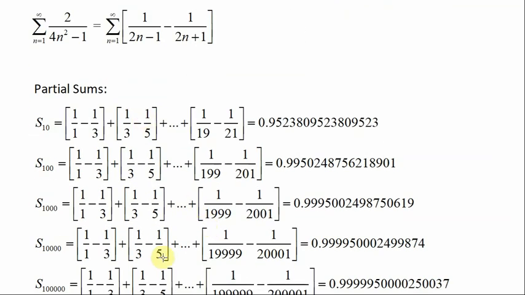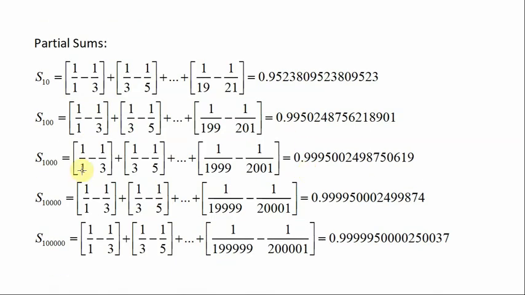These are called partial sums. This is the sum of the first 10 terms, which is 0.95238. This is the sum of the first 100 terms, which is 0.995. This is the sum of the first 1,000 terms, which is 0.9995.